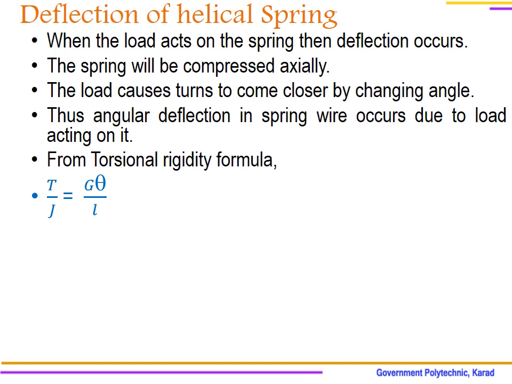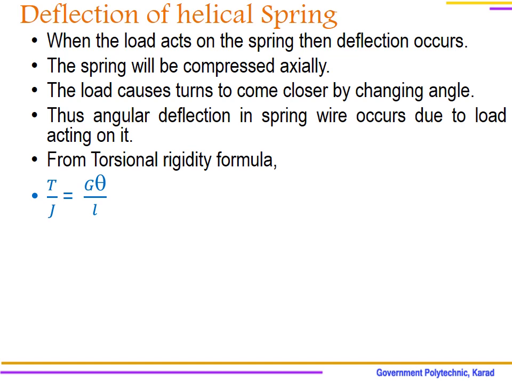So as to find how much force is acting on a spring, we have used the torsional formula, where we have designed the spring on the basis of strength. We have considered stress. When we are considering deflection, we will be using the rigidity part of that.